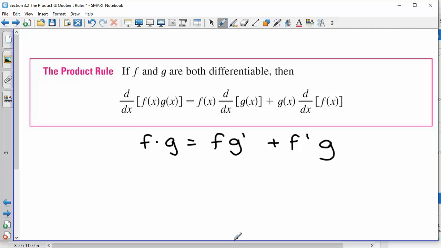In other words, what you'll do is one derivative at a time. We'll do the derivative of one function, keep the other one the same, plus, and then you switch. Okay? We could extend this if we had like 3 things. We just do one derivative at a time, and we can work through it that way.